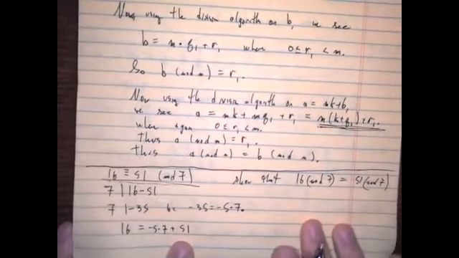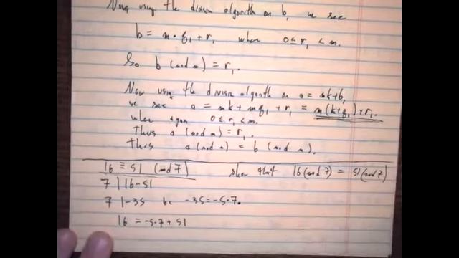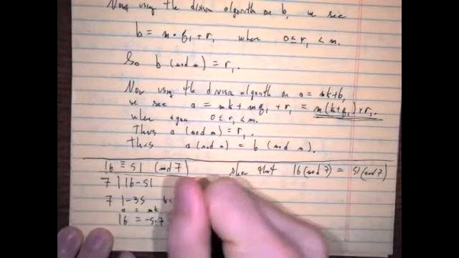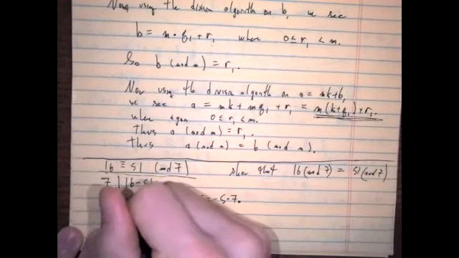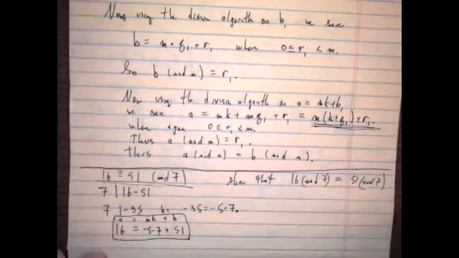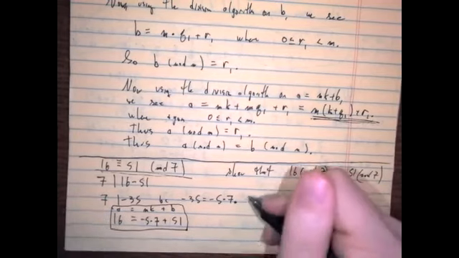Oh, you can't see what I'm doing. This is my A is equal to MK plus B. Is that okay? Okay.